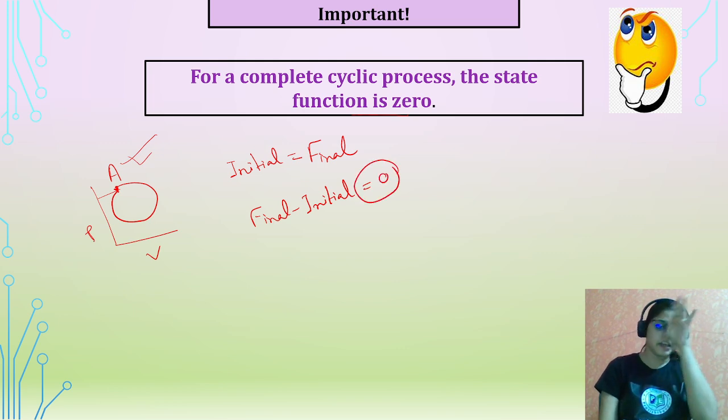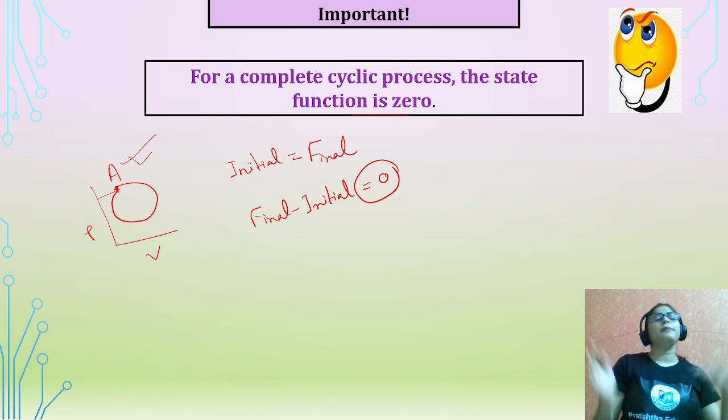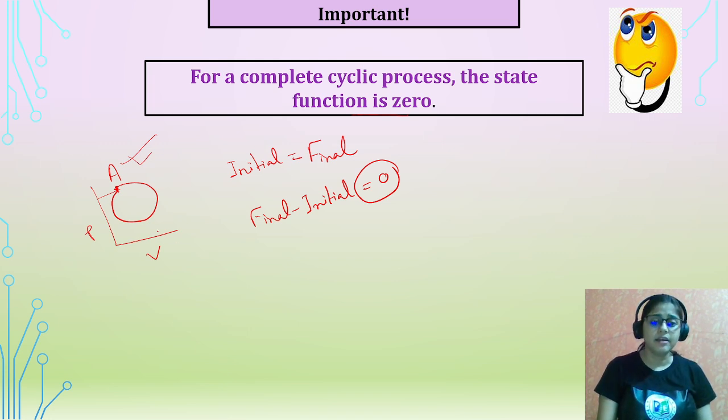But for work or heat, it will not depend on the initial or final state. It will not see that, oh okay, I was at point A and again I am coming to point A, so net work will be 0. No, nothing like that. Let's say you are running, so your energy will be lost, right?